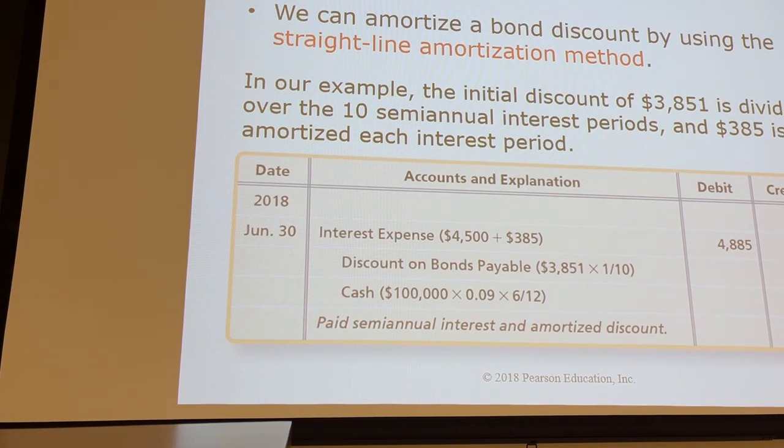Now notice that to record the amount of interest expense that we have here, we add together the amount of cash that we pay out in interest and the discount on the bonds payable. So that makes our interest expense that we record $4,885. Our interest expense is actually more than the amount of cash that we pay out in interest to the bond holders.